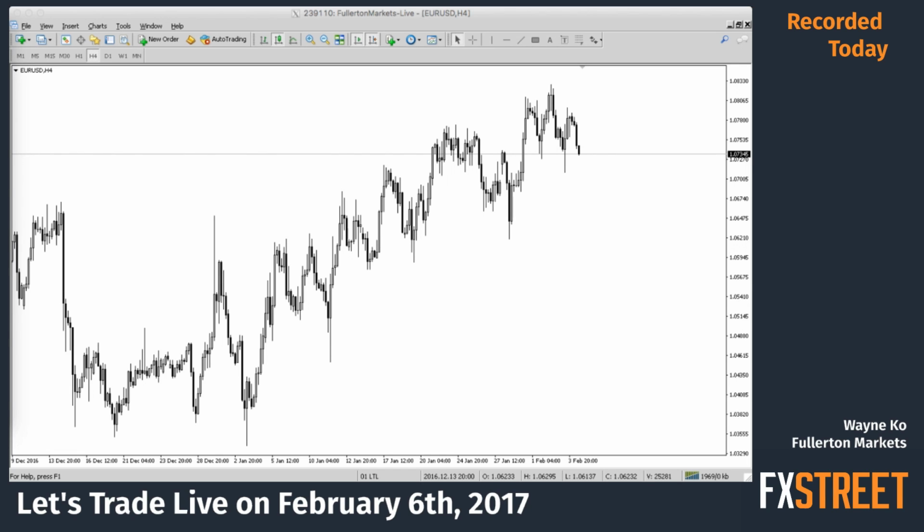Then of course for stop loss and take profit, it will depend, again, on the volatility of the pair and the news. Certain news are known to be more volatile, for example FOMC and non-farm payroll.